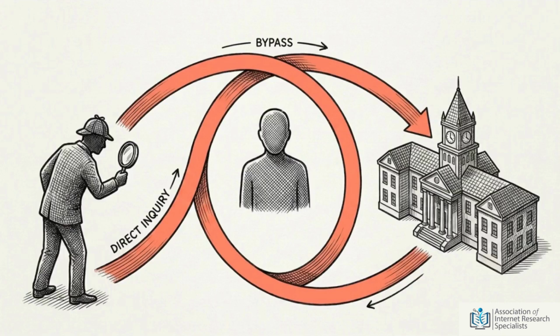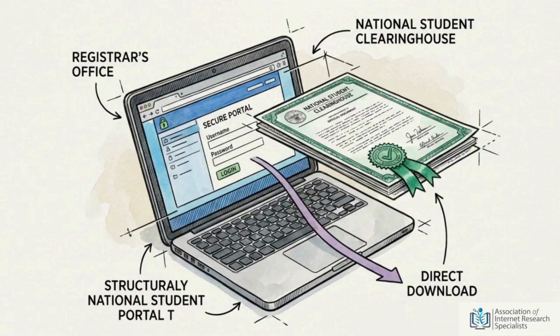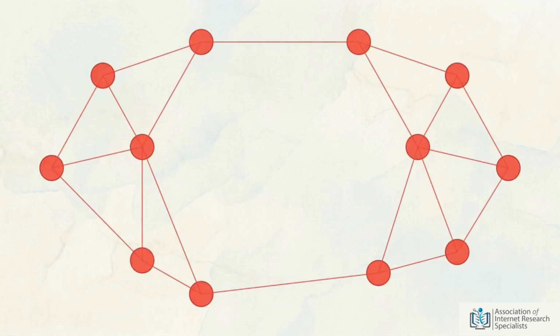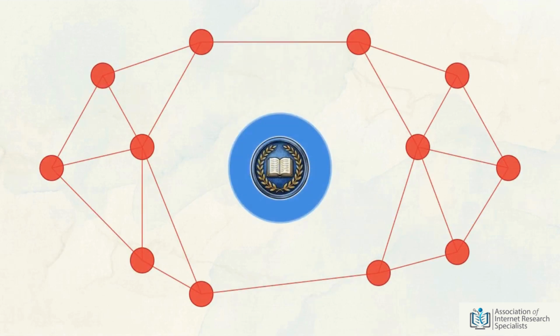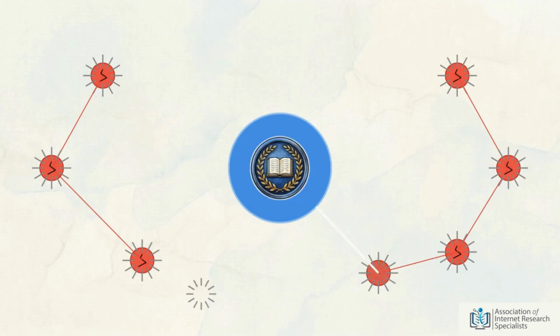Finally, steps 4 and 5 require you to bypass the subject completely. You demand direct verification from the institution's registrar's office or through a recognized third-party clearinghouse, like the National Student Clearinghouse. Routing all verification directly through primary, recognized authorities effectively neutralizes elaborate networks of fake universities.